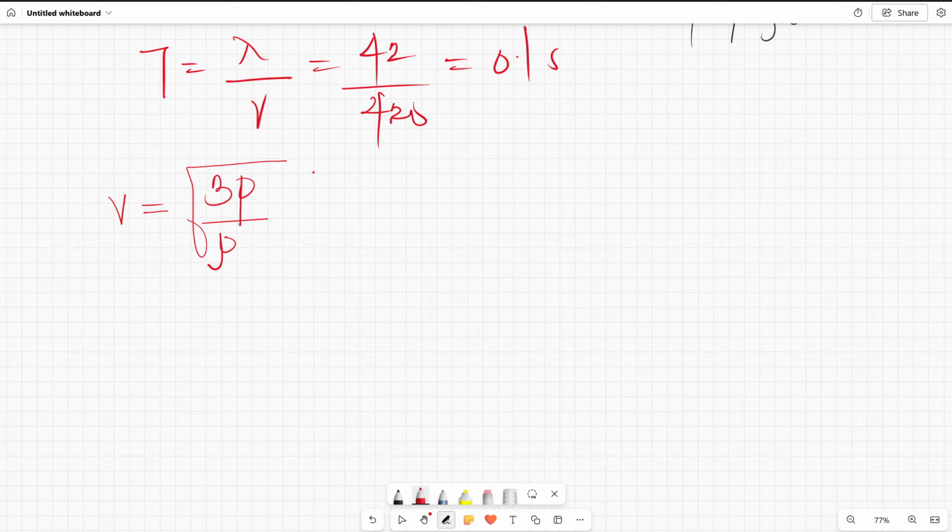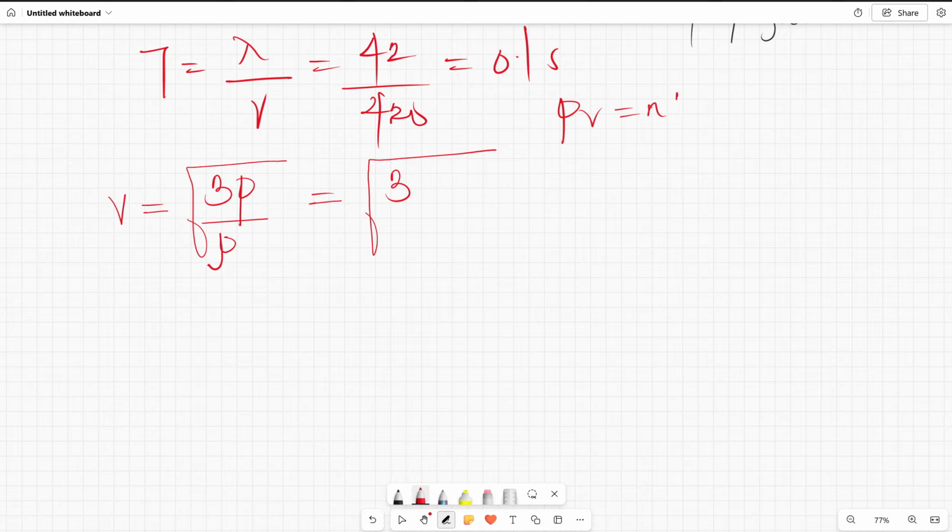From the ideal gas equation, let's relate P quickly.